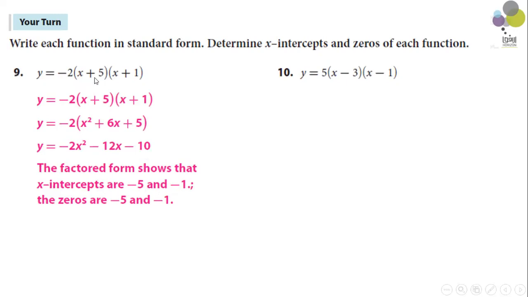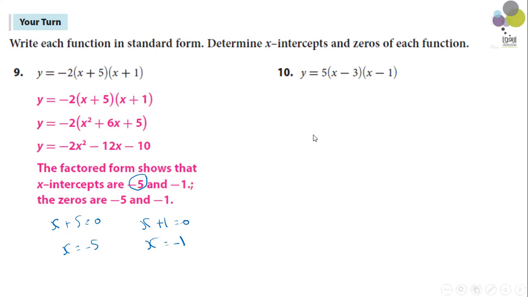The -5 from this factor and the -1 from this factor, because we will equal the first factor to 0. So first factor equal to 0, x plus 5 equal to 0, so x equal -5. Okay, and we will equal the second factor to 0, so x equal -1, from the zero product property.